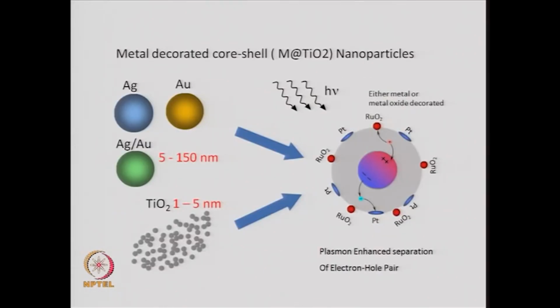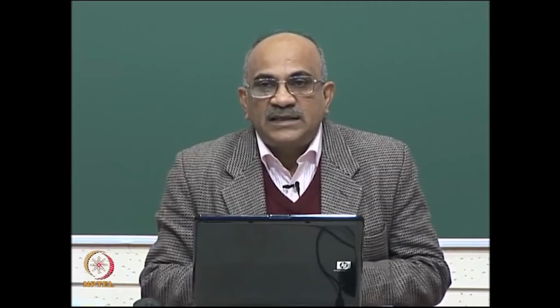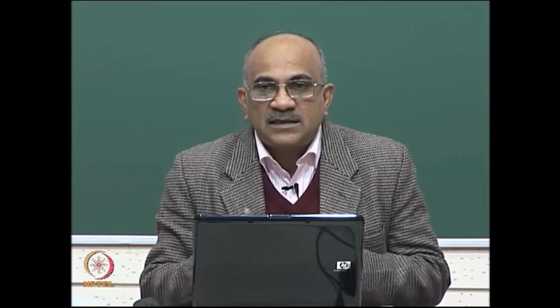Now, you can also have more complex nanostructures where you can have metal decorated on core shell nanoparticles. Core shell nanoparticles, we know, have one particle covered by something else. The particle inside is the core and the material which is covered outside is the shell.